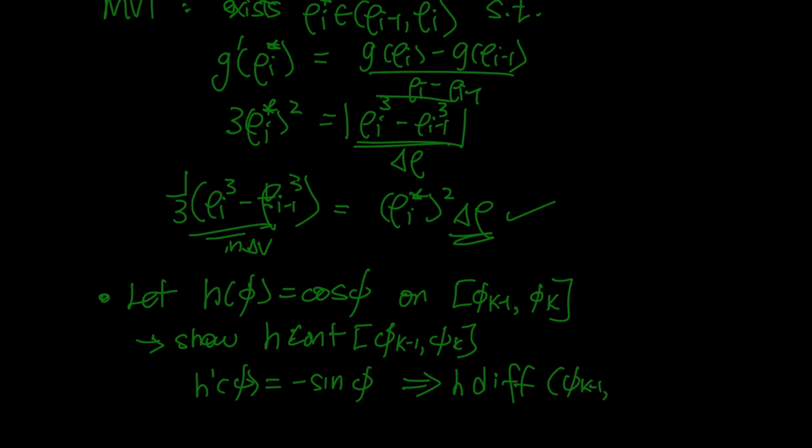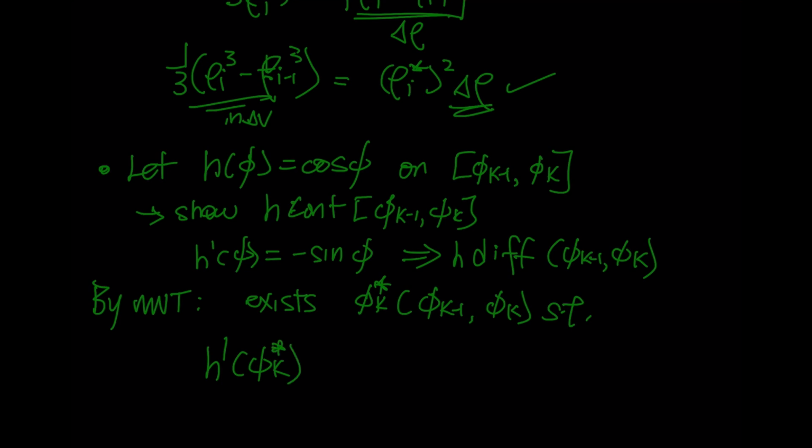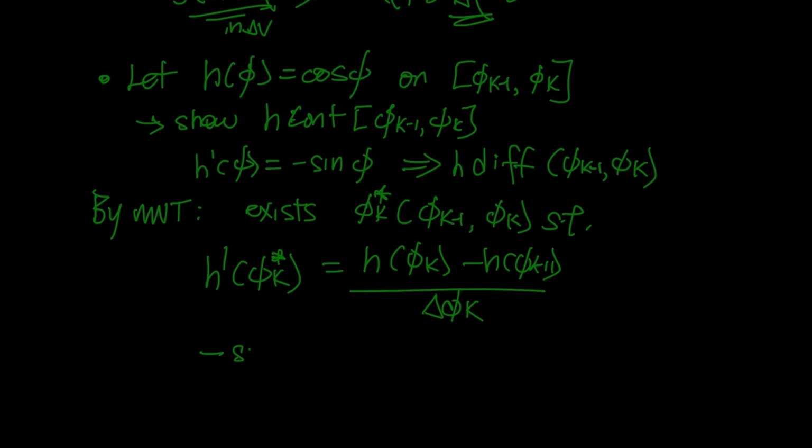And by the mean value theorem, because now the conditions hold, there has to exist some φₖ* that lives between those two numbers, such that h prime of φₖ* is h of φₖ minus h of φₖ₋₁ all over Δφₖ. If we substitute everything in, we'll get negative sine of φₖ* equals cosine φₖ minus cosine φₖ₋₁ over Δφ.